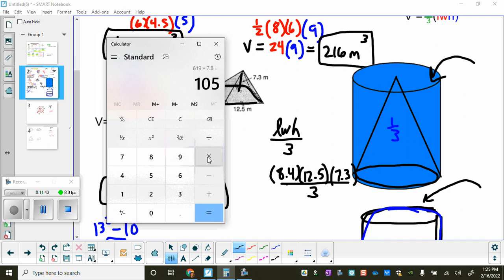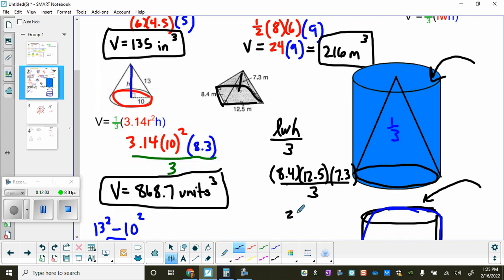No, this should be times 7.3. There we go. Now that's the top part. And let me just double check my math one more time because I feel like I double clicked the number there. So 12.5, 7.3. Cool. Yep, that's the top part. Then we're going to divide by 3 because it's a pyramid. So 255.5. And we've got cubic meters.